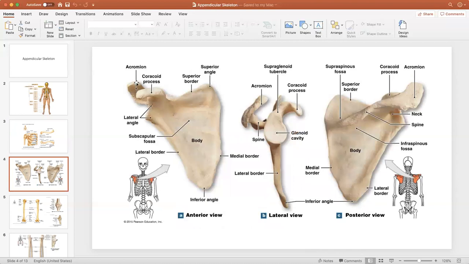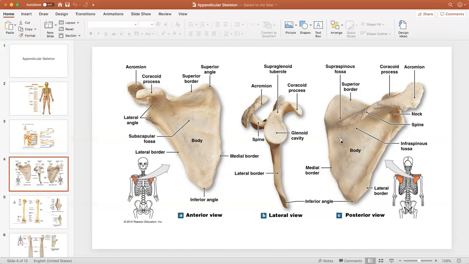So we see the acromion here. It's the lateral aspect of the spine of the scapula. So when you're orienting this, you look for the spine. The spine is posterior, okay? And then you can either look for the medial border, which ends at the inferior angle here, and put it medial, or you can look for the glenoid cavity, or the glenoid fossa, where the humerus attaches, and put that lateral.